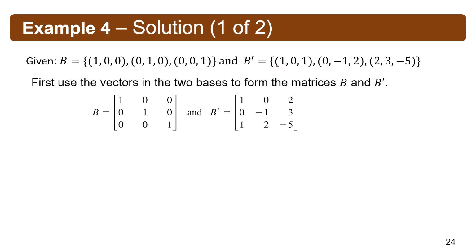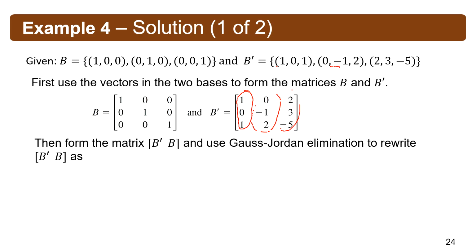Notice here 1, 0, 1 becomes a column. That's how you write it. Then you get the augmented matrix B prime and B. Again, you're looking for the transition matrix from B to B prime, so we have the B prime here.